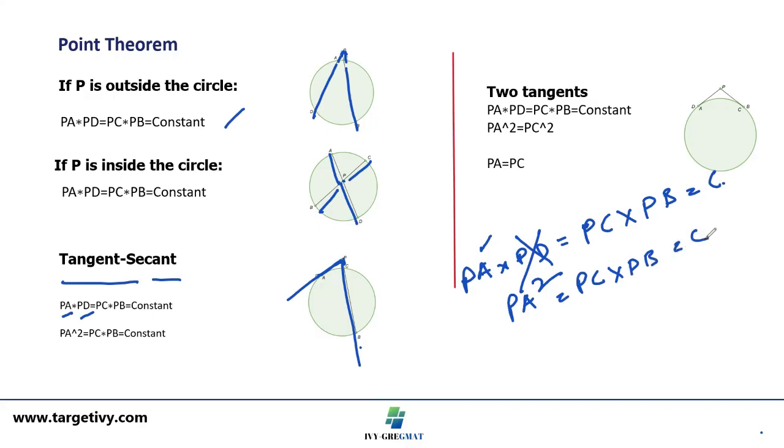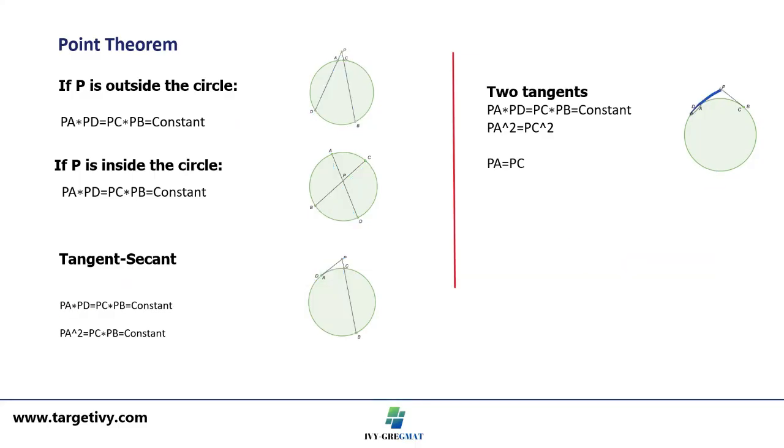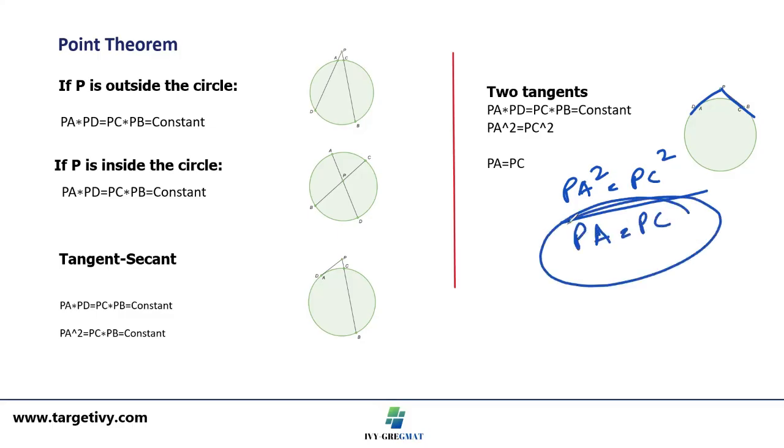Now, taking an extension from there, if you've got two tangents, then it becomes PA square is equal to PC square. That makes it PA is equal to PC.